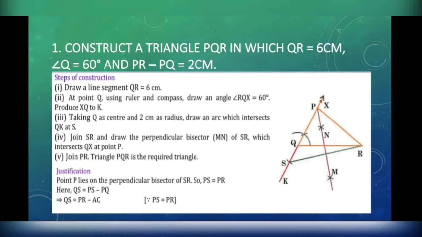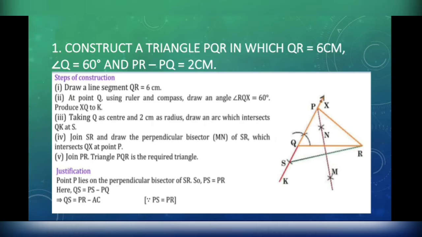If you draw a rough diagram, this is P, Q and R, and as you can see PR minus PQ is given, that means PR must be greater than PQ. So for this type of question you will use the second case of construction.